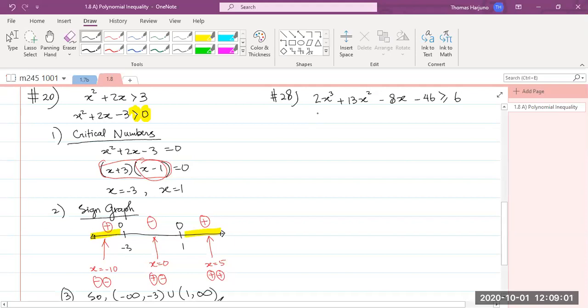Set one side equal to 0 first. So I move the 6 to this side.